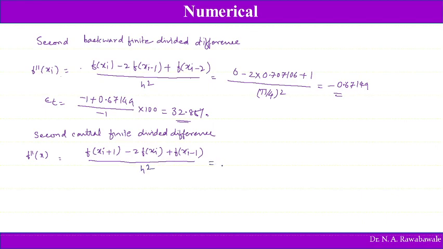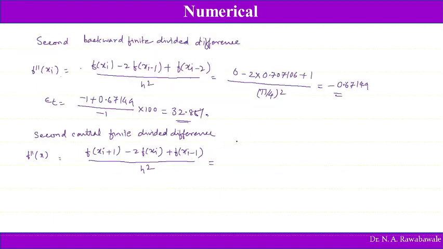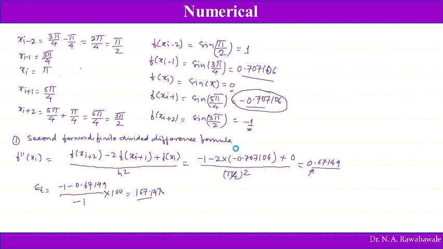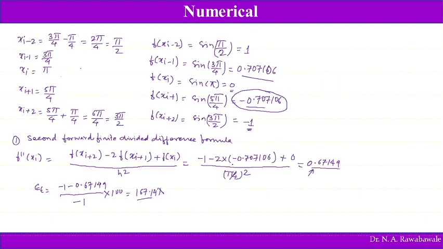So f of xi plus 1 is minus 0.707, this is the value at xi plus 1, so it is minus. So minus 0.707106 minus 2 into 0, since f of xi value is 0.